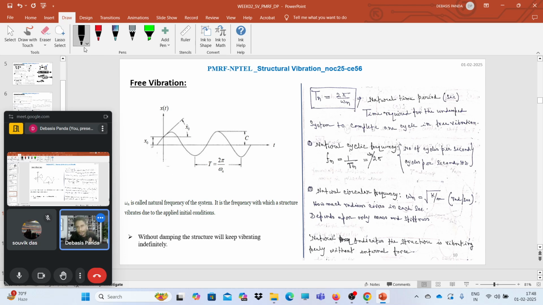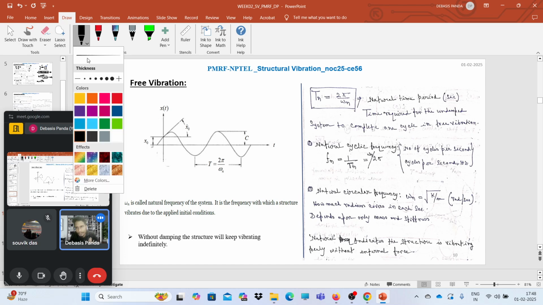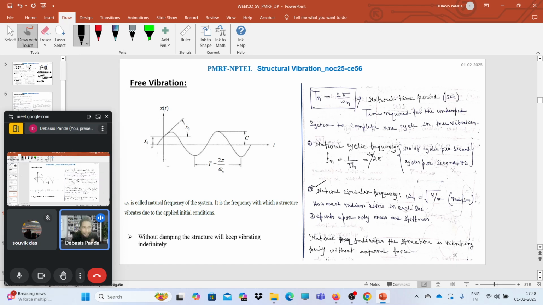The definition says it's the natural circular frequency, root over k by m. The unit is rad per second, and f is called the natural cyclic frequency, that means the number of cycles per second, and the unit is hertz.